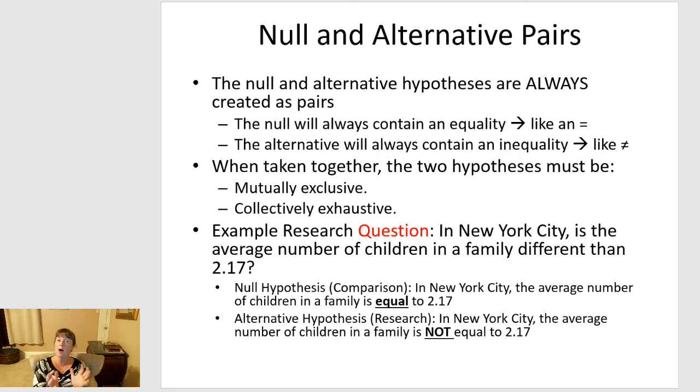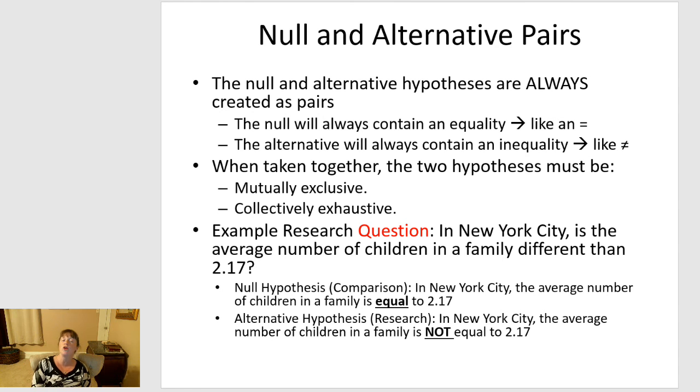And notice that these two possible outcomes, equal to 2.17, not equal to 2.17, they're mutually exclusive. Either in New York City, the average number of kids is also 2.17, or it's not 2.17, mutually exclusive. If one is true, the other can't be true. Also collectively exhaustive. There are no other options, equal to, not equal to.